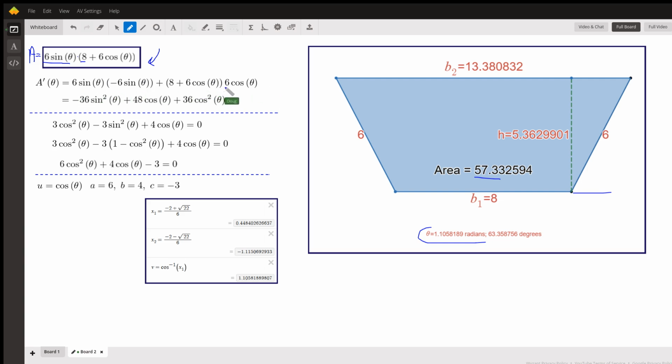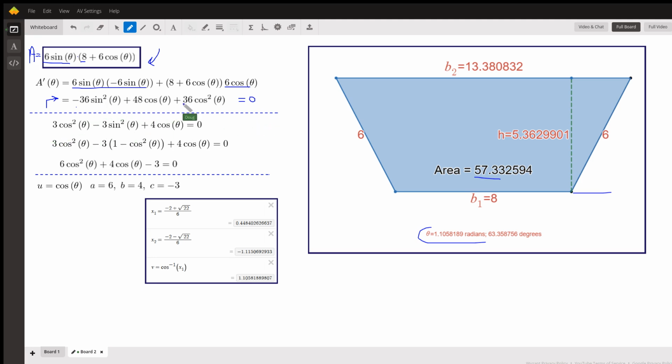If we distribute this 6 cosine theta and multiply these factors together, there's a formula for the derivative. Okay, we want to know when that derivative equals 0 so we can find the critical numbers. Where's the tangent line horizontal?